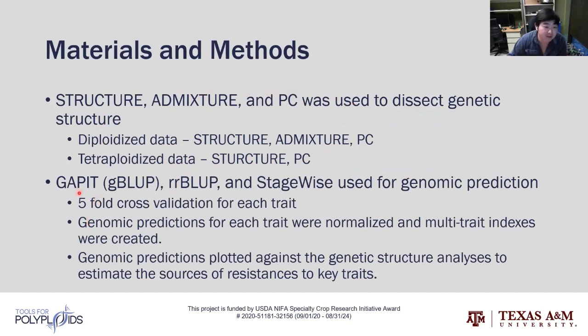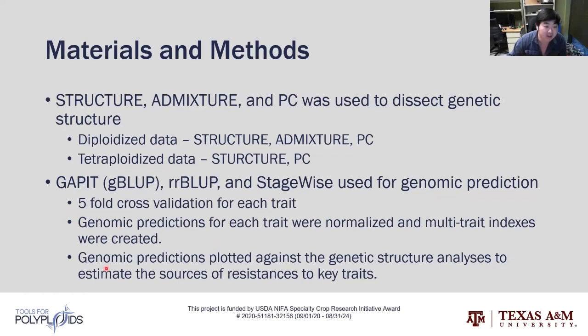We then carried out some genomic selection using a GBLUP model implemented in GAPIT, using RR-BLUP, implemented in RR-BLUP, and stage-wise. For genomic prediction, we used fivefold cross-validation for each trait for 1,000 runs. Genomic predictions were then normalized, and multi-trait indices were created.